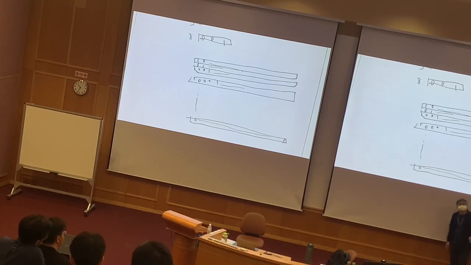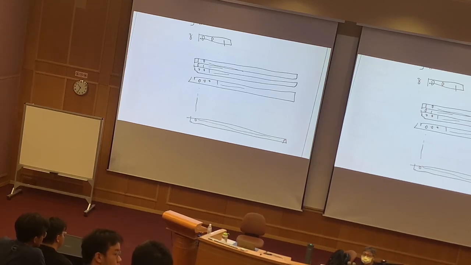I think it's too much to ask this question, but can anyone tell me why I need sine and cosine? Why can't I just use sine? Why can't I just use cosine? Different phase. Very good. Your name is? Samuel. Different phase. Very good.